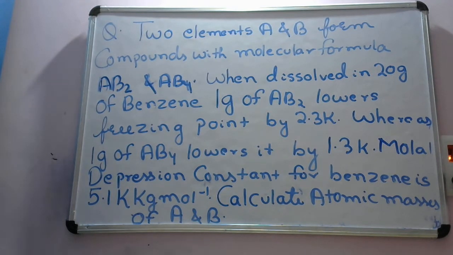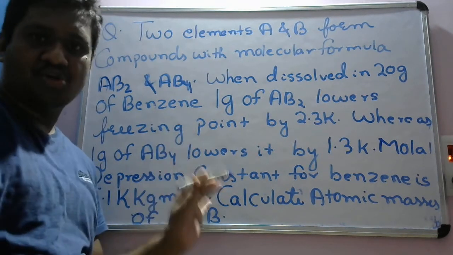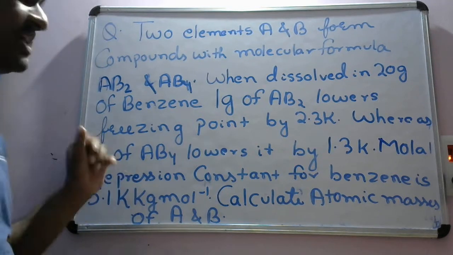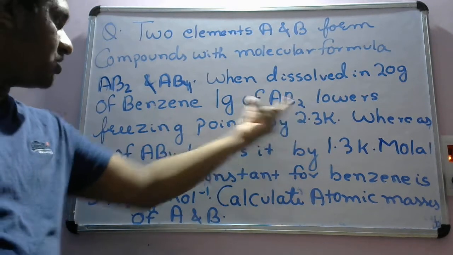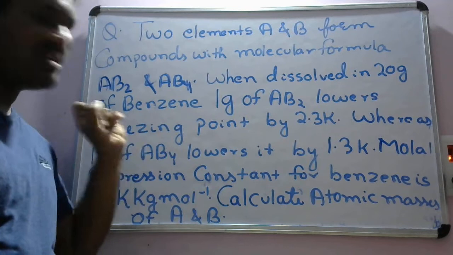Now if you observe this question, many things are common for both AB2 and AB4. First of all, the solvent is common, benzene. For solute AB2 the solvent is benzene, and for solute AB4 also the solvent is benzene.